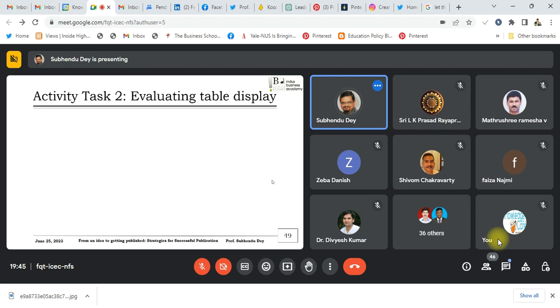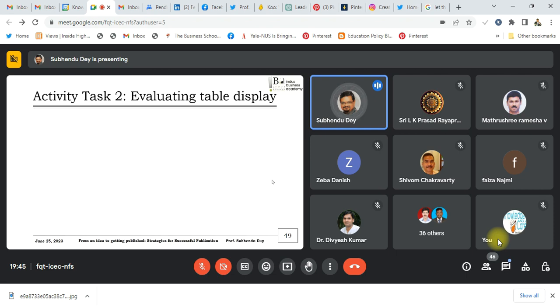So what I want you to do is think about the utility of the tables in a research paper. If you have to evaluate the tables in a research paper, what are the considerations that you would have? I will give you the first hint. After that, I would stop for 5 minutes. You may think about it, make your points, and then we will discuss.